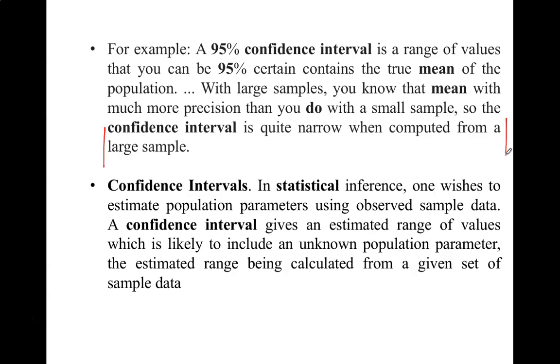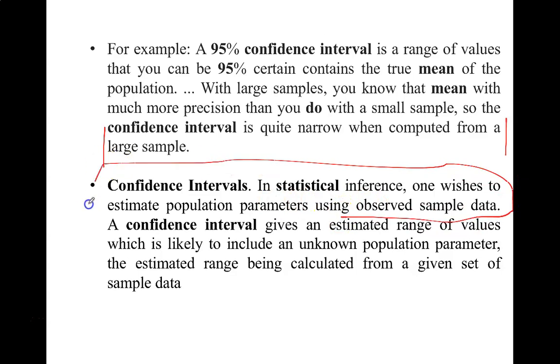This was discussed quite thoroughly in the previous chapters, so you can refer back to our video to see what it means to estimate from a sample that represents the population. So what is a confidence interval? In terms of statistical inference, we estimate the population parameters using the observed sample data.